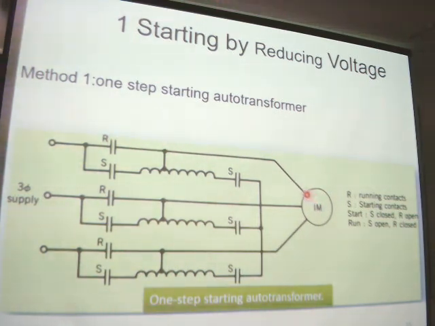So after starting the motor, we directly connect the source to the motor. In this situation, we have two voltage levels. One is high when the R is closed, while the other is low voltage when the S is closed. So it only has two voltage values.